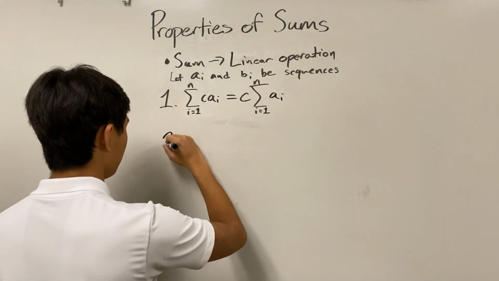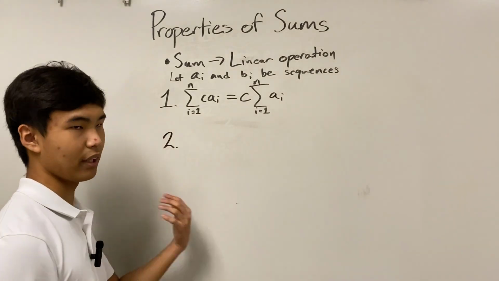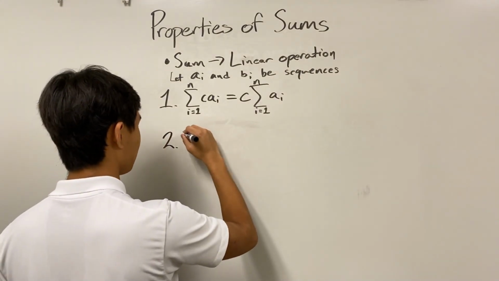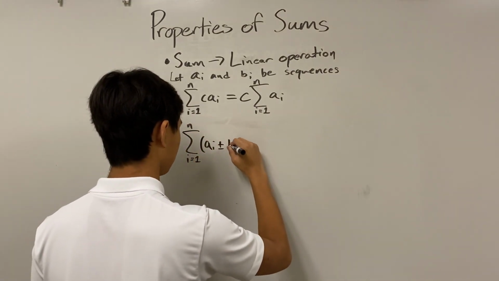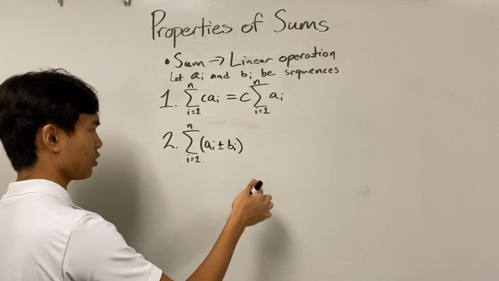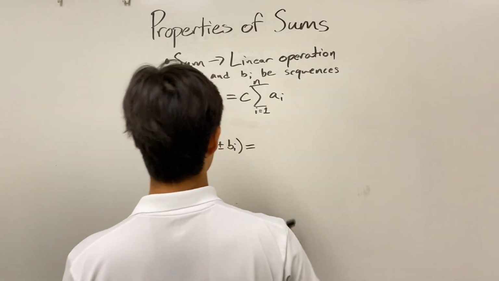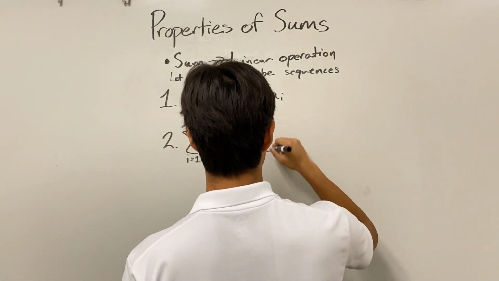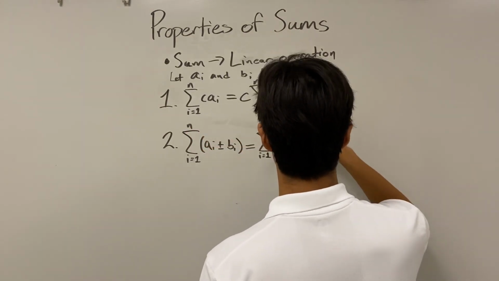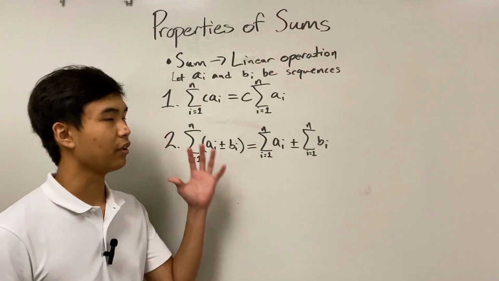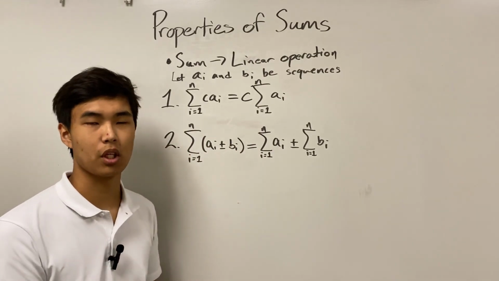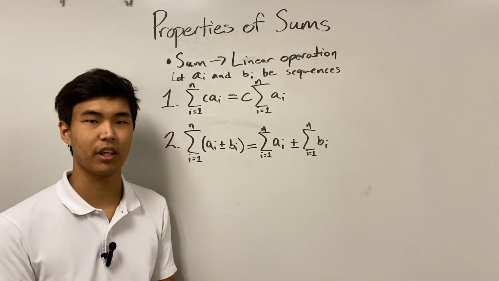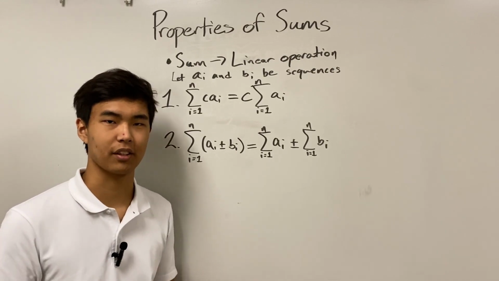We can also, like limits and derivatives, we can split sums into multiple sums. Right, so if we have something like this going on, we can split it into. So the four formulas that I mentioned in the last clip and these two properties of sums are pretty much what you have to know to evaluate most sums in AP Calculus.